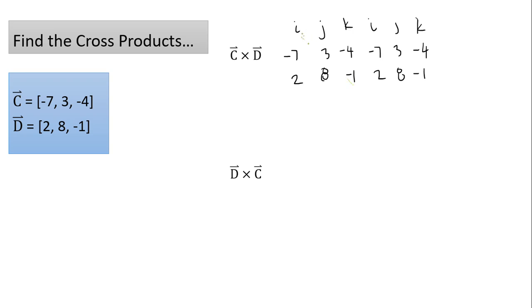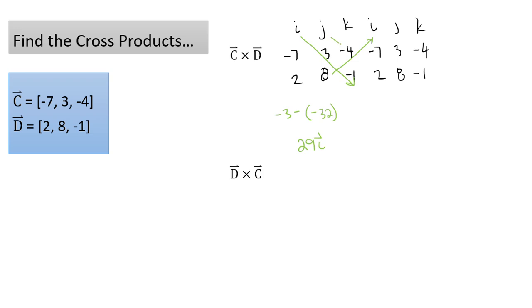So down we go. So -3, minus, and I have to hit the I's, -32, equals 29 I. Okay, let's look at the J's.